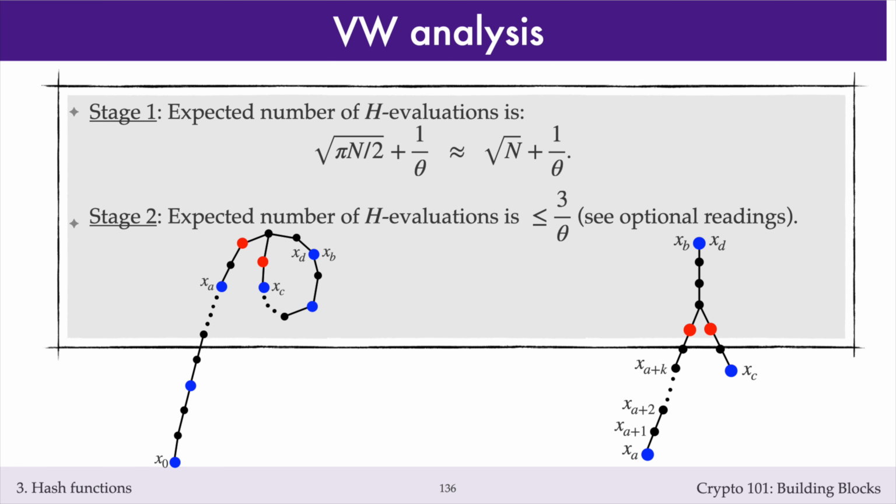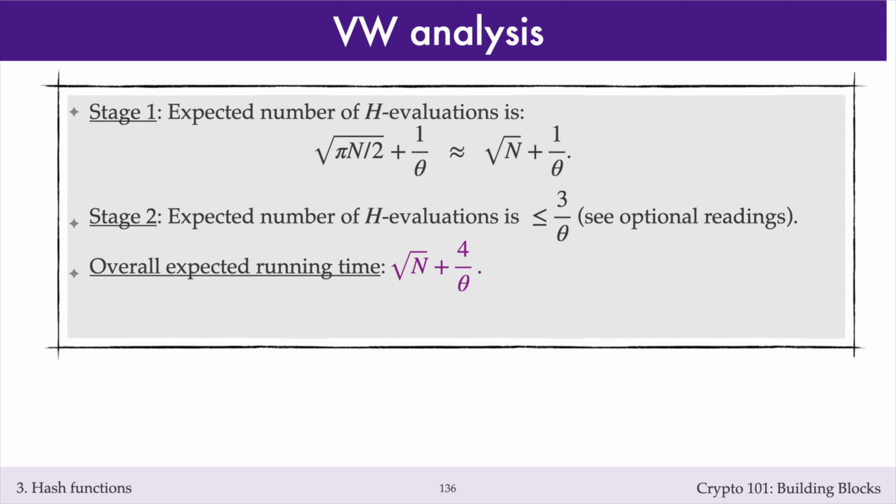I won't justify that claim here, but you can read about it in the optional readings on the course webpage. And so the expected number of hash evaluations in stage 2 is at most 3 over theta. Thus, the overall expected running time of the VW attack is the square root of n plus 4 over theta.